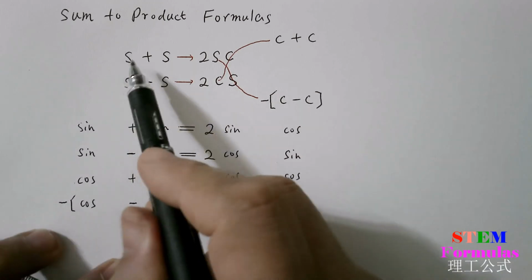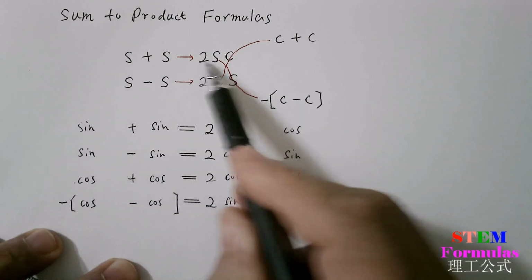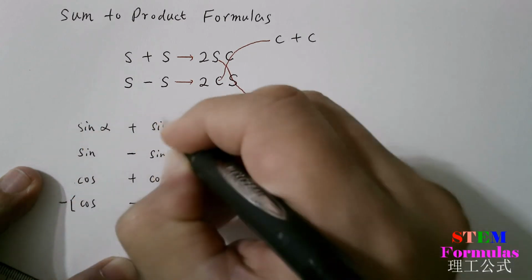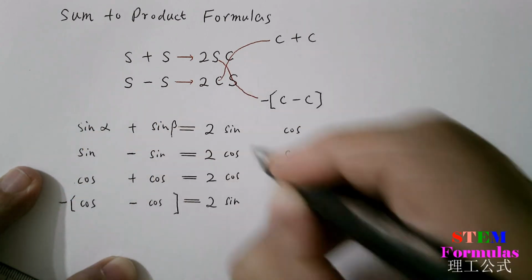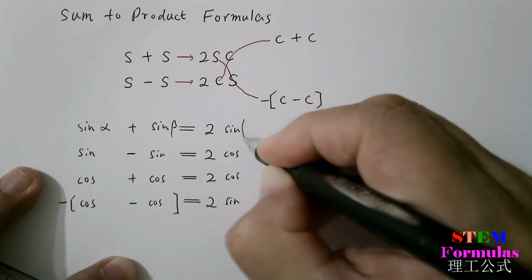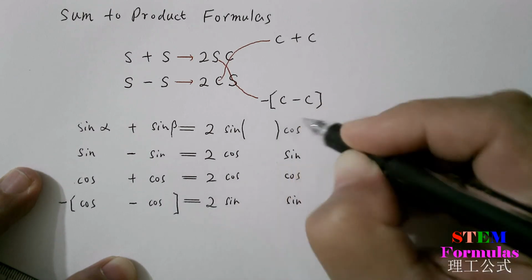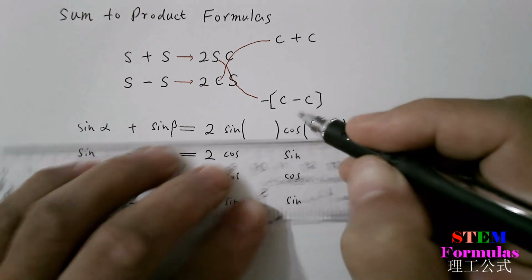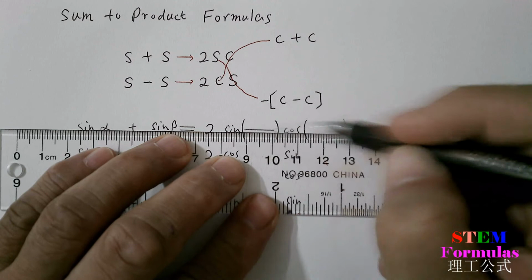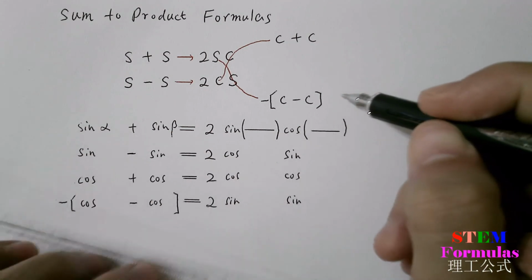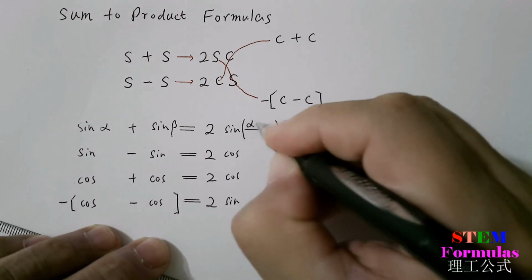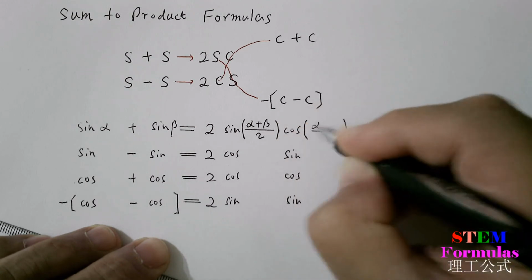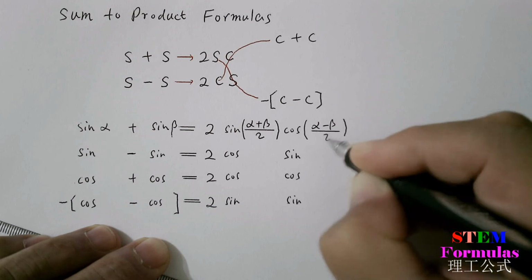So sine plus sine, 2 sine cosine. So we write down here as alpha, beta, and here we write down alpha plus beta divided by 2, alpha minus beta divided by 2.